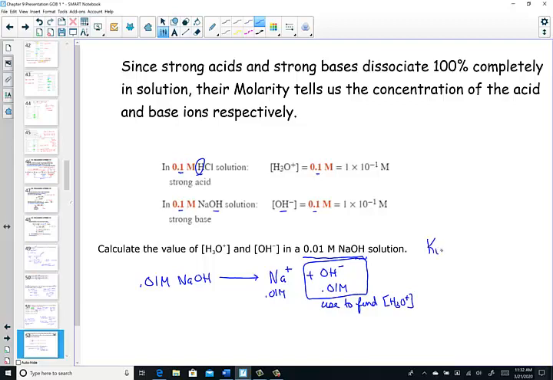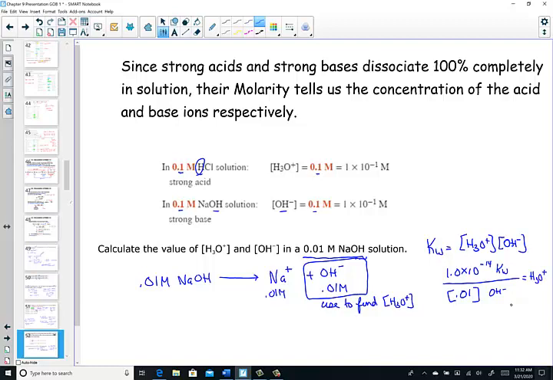I know that Kw is equal to the concentration of the acid ion times the concentration of the base ion. I know that Kw is a constant, that it's the top of the pH scale, 1 times 10 to the negative 14th. And when I place in the value of 0.01 molar for the concentration of OH-, I can find H3O+.